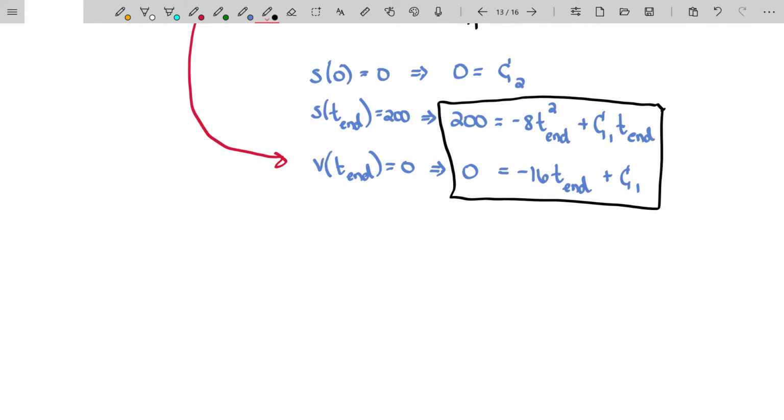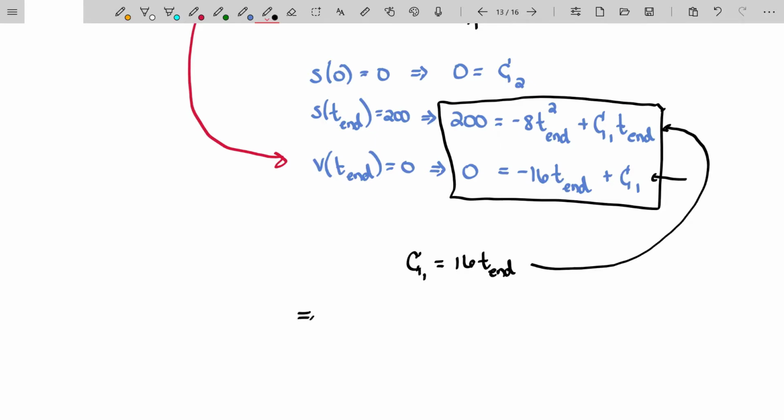I will take the second equation, this guy right here, and I'll solve for C sub 1. C sub 1 is equal to 16 times time end. And I'll take that 16 times time end, and I'll substitute that into this other equation right here.